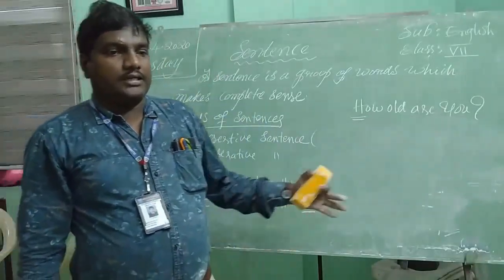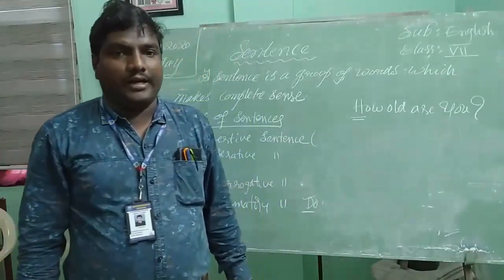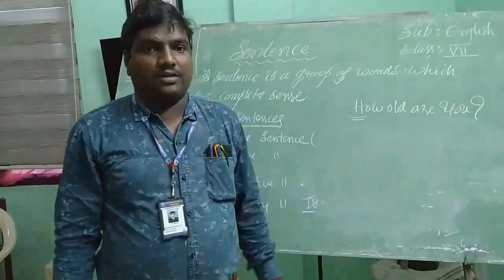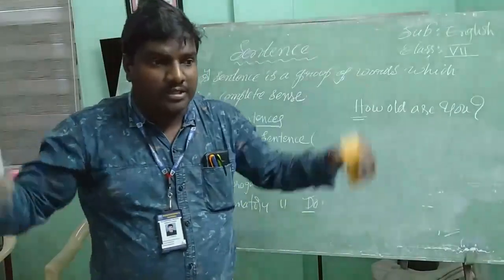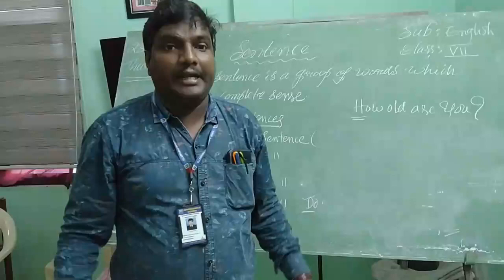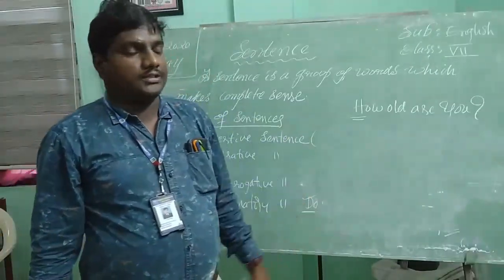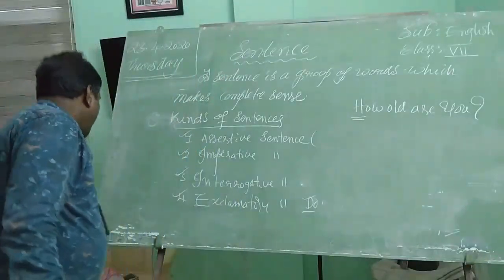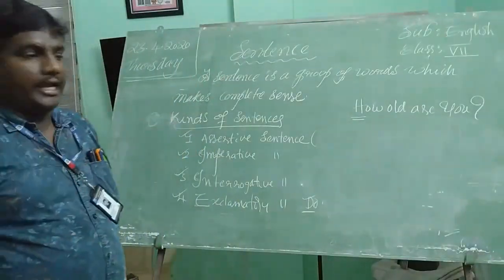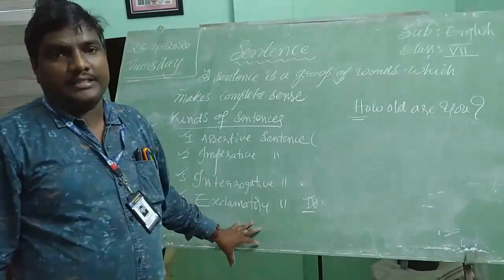Next, sudden feelings. Next, happiness. Hooray, I won the match. Hooray, I won the lottery, 10 lakhs. So, in this way, hooray, alas, oh, what, these are the expressions of an exclamatory sentence.